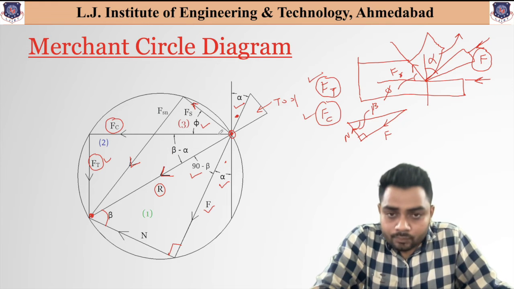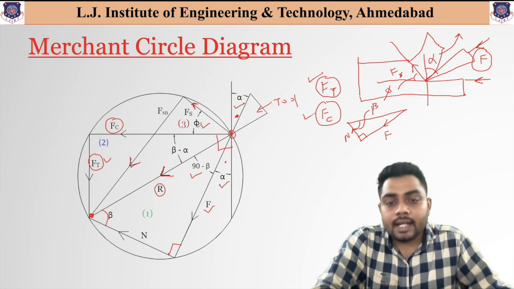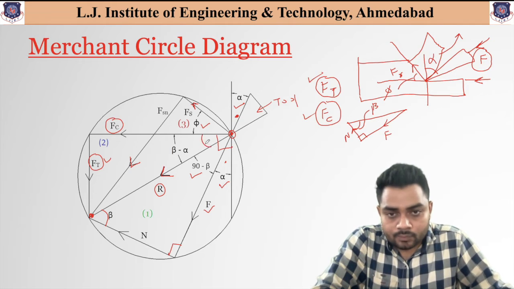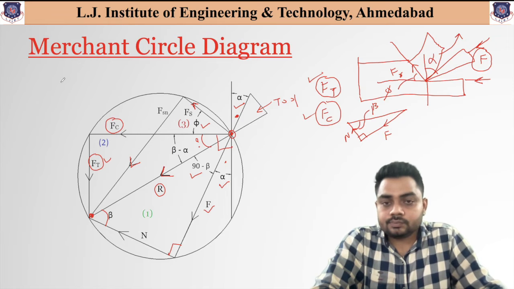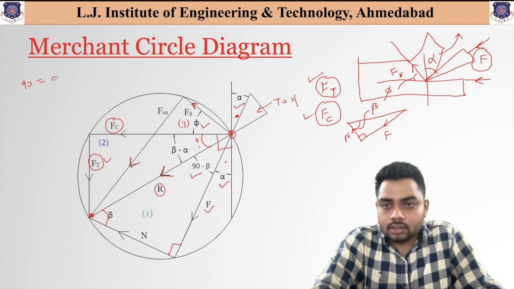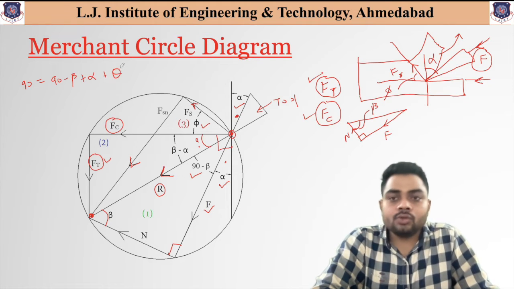Now as you can see over here, this is the right angle triangle. To get this angle, which we do not know, we will equate with the original equation: 90 degrees is equal to 90 minus beta plus alpha plus a certain angle theta that we do not know.